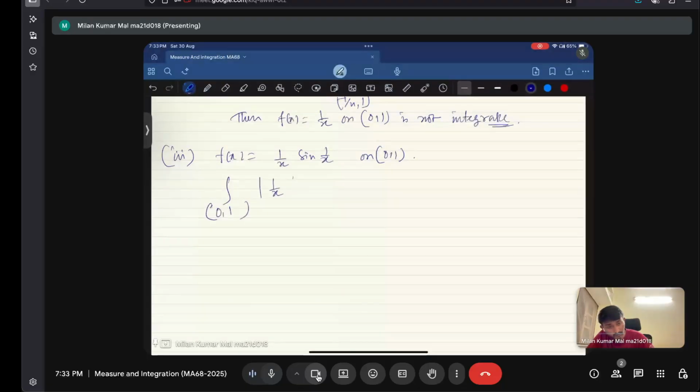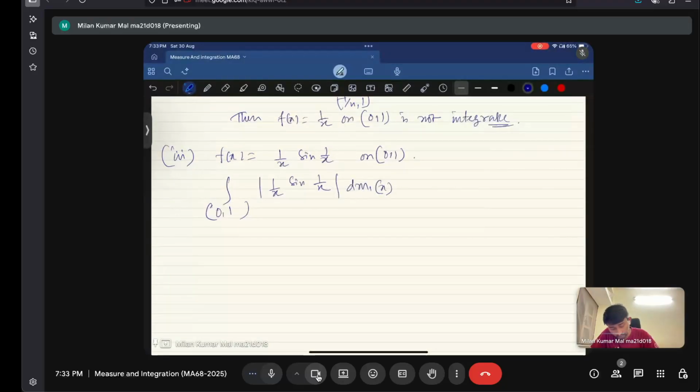Here it can be plus and minus. In the above functions the values are always positive, so we don't need to take the mod value. The main point is that a function is integrable if the integral of mod f dm is finite. But if f is positive, then it is enough to take f instead of mod f. But here the function involves sine, so it can take negative values. That's why you have to take the mod value.